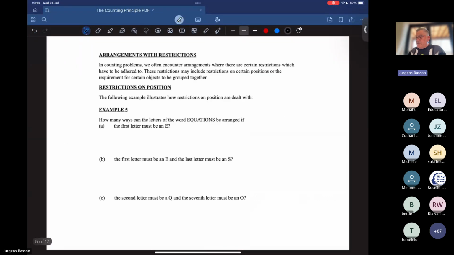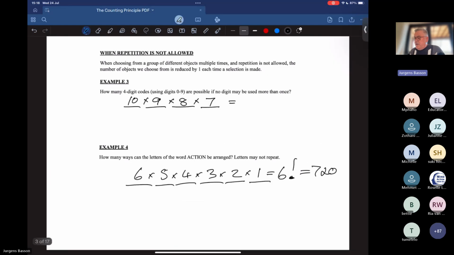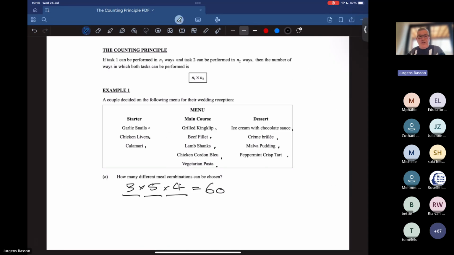All right, so let's go to the next one. So if I can just quickly recap with you, my first discussion, we did the menu, was to explain how counting principle work. Secondly, we look at repetition is allowed or repetition is not allowed. And now we look at restrictions. Now, that very first question that we did, on the menu, you will remember the starters, 3 possibilities, main course 5, dessert 4, and that is how we've got the 3, 5, 4 here.